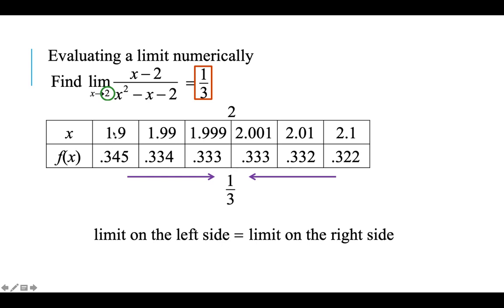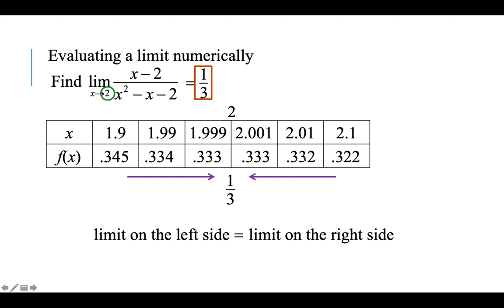Over here, if we plug in 1.9, we get 0.345. If we plug in 1.99, we get 0.334. 1.999, we get 0.333. All of these values are getting closer to 1/3. As we come from the right, plug in 2.1, we get 0.322.